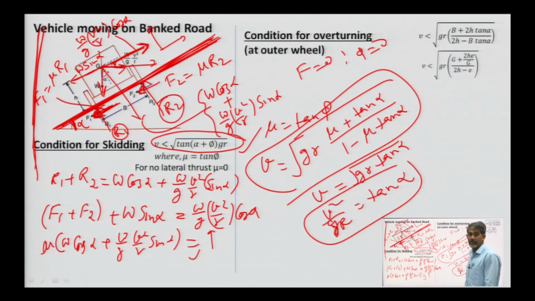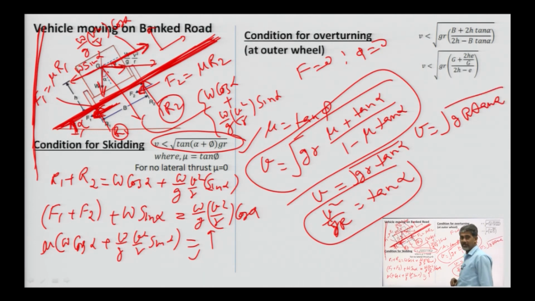What does it mean? Its meaning is that if on an inclined surface, even if we are moving on a smooth surface, without friction, if the vehicle is moving in a circular path with mu equal to 0, then due to this inclination alpha, it can have the velocity V equal to under root g R into tan alpha.